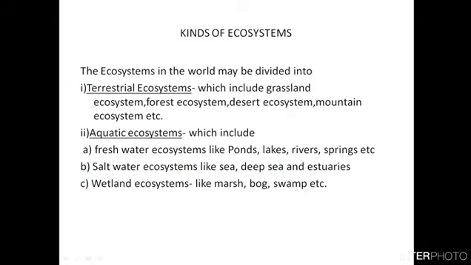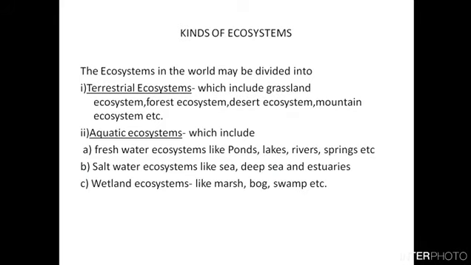Then you have the saltwater ecosystems, which include the sea and the oceans, where the water is salty, including the deep sea and estuaries. Estuaries are the places where the river and sea meet.